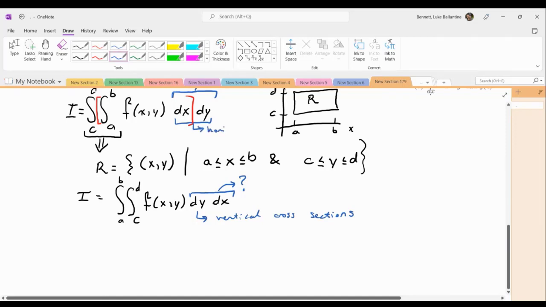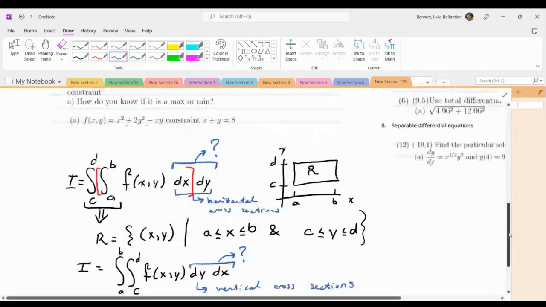And we can realize what these mean with the stick figure. So dx dy is horizontal cross sections. It's like this. And then it's always like the left side is lower than the right side.